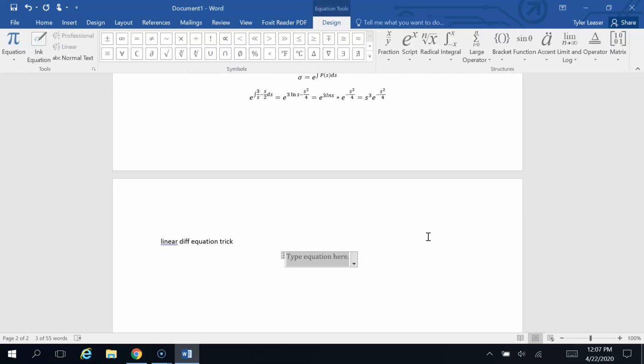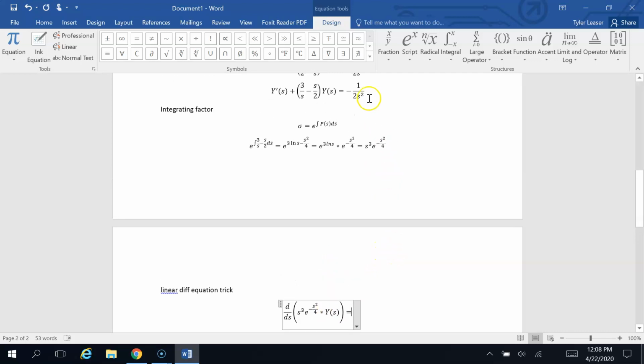On the left-hand side, we're going to leave it as the derivative of the integrating factor times the thing that we're trying to solve for, which is our Laplace operator y. That's going to be equal to what was already on the right-hand side, negative 1 over s squared, negative 2s squared. And that's going to be times now the integrating factor s cubed e to the negative s squared over 4.